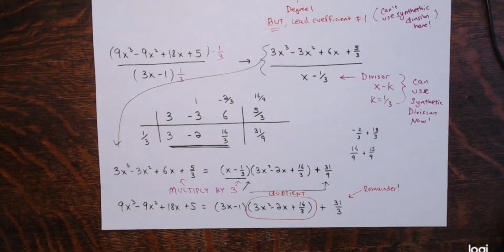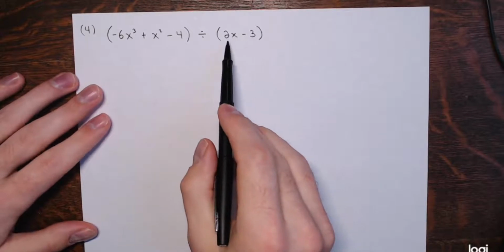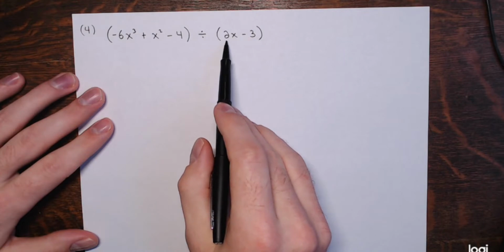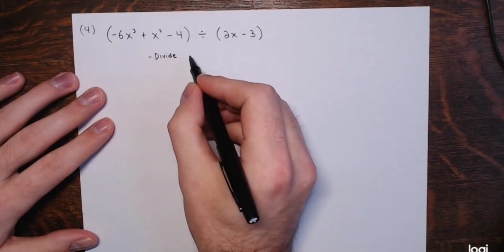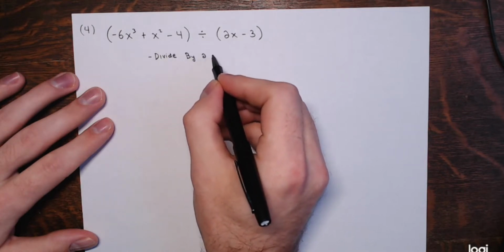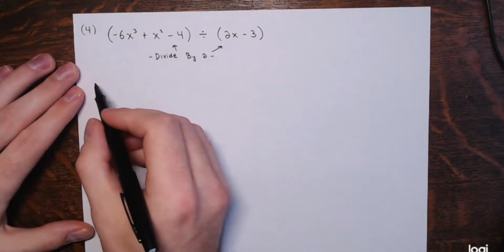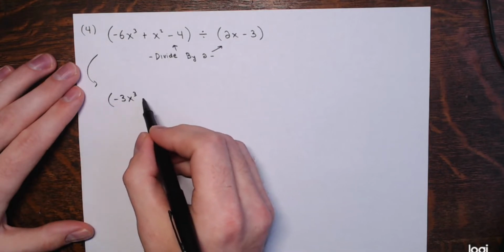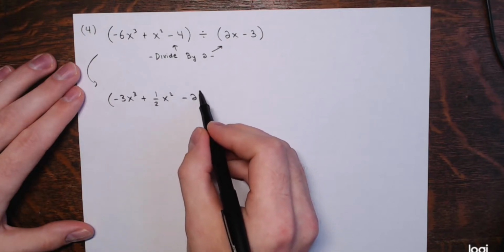All right, let's do that again. I got several of these. Here's another one where my divisor is degree 1, but the lead coefficient is not 1. So I'm going to divide both of these things by 2. Basically multiply everything by a half. So now we have negative 3x cubed plus 1/2 x squared minus 2 as the new dividend.